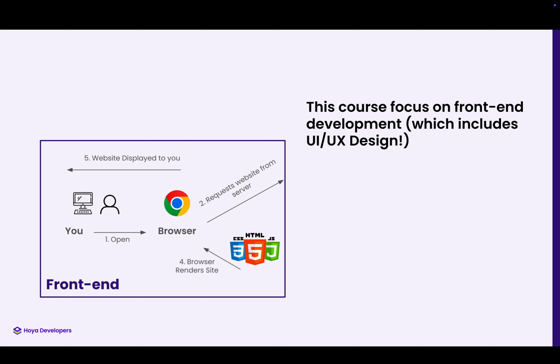And so for the most part in this class, we're going to be focusing on front-end development, so making things look nice and focusing directly on what the user will interact with on a website. We'll get into a little bit of back end when it comes to interacting with APIs and how you communicate with a server, because that will depend on what we see on the front end. But for the most part, we're not going to be developing any logic for logging users in.